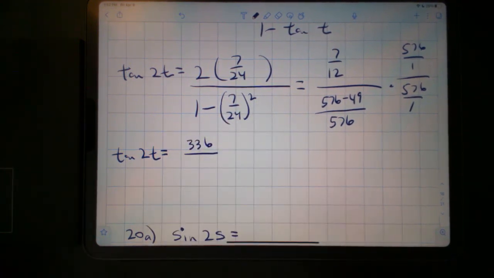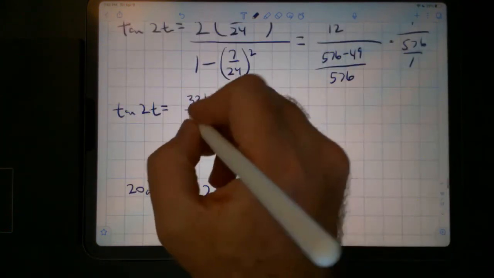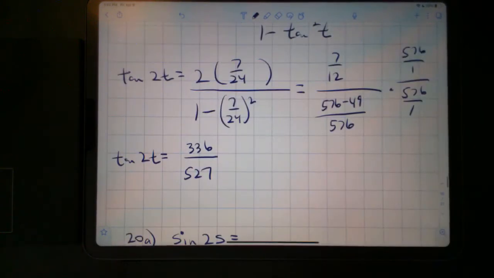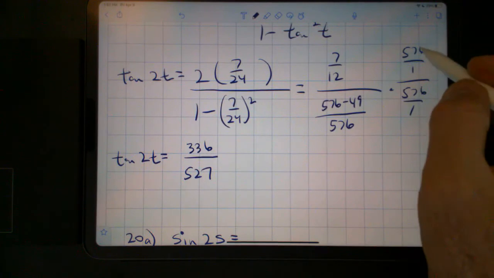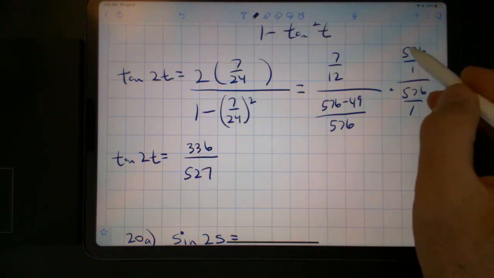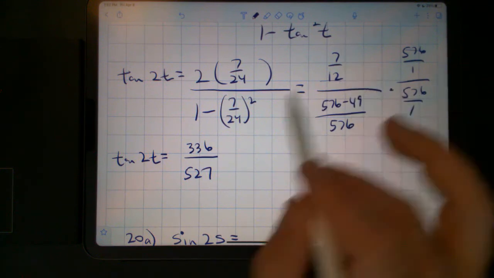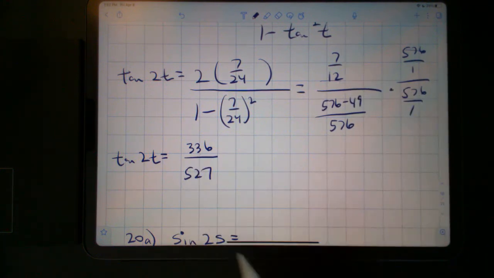Here's your numerator. There's your denominator. 576 divided by 12 is 48. 48 times 7 is 336.